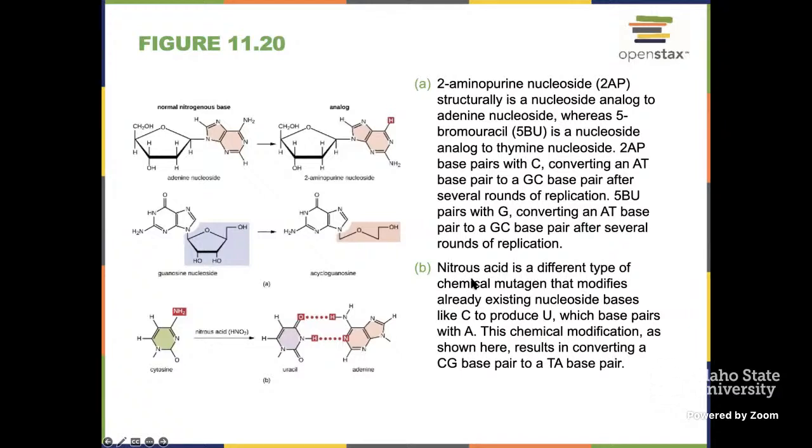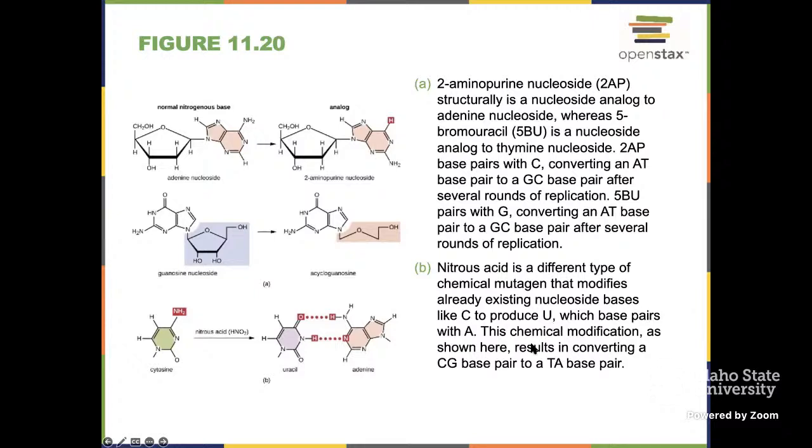Nitrous acid. Our last bit down here at the bottom, it's a different type of agent that can cause damage, a mutagen causing damage at the DNA level. This nitrous acid modifies what's already there, like the cytosines, and stimulates the production of uracils.